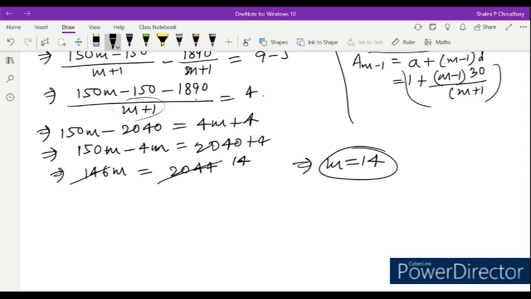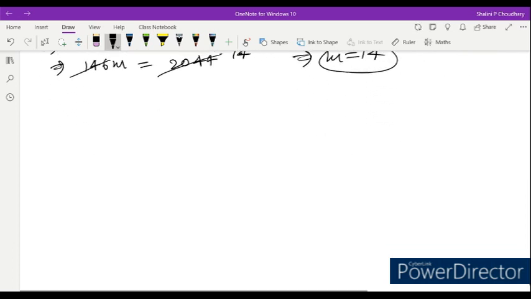Now we'll move to the next question, that is question number 17. It says a man starts repaying a loan with the first installment of rupees 100. Okay, 100 rupees is the first installment, and he increases the installment by 5 rupees every month.